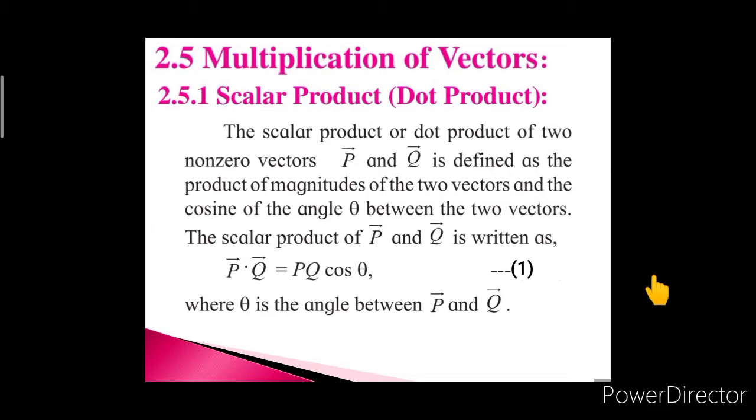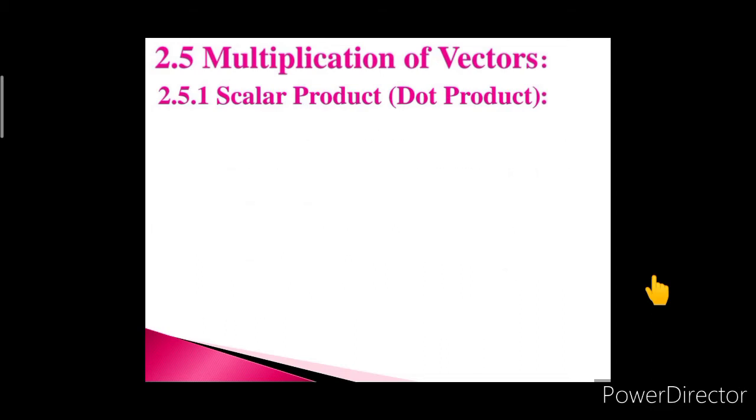This is the scalar product, known as dot product, as the result is obtained as a scalar quantity. Here we are multiplying two vector quantities and the result is a scalar quantity, that is why it is said to be the scalar product. Now let us see the characteristics of scalar product.